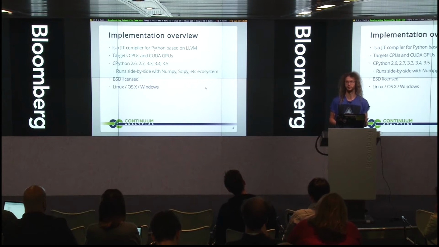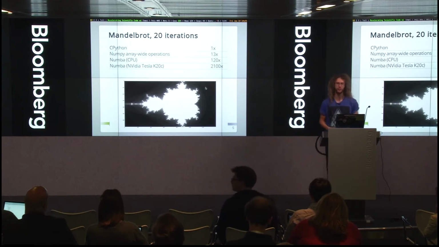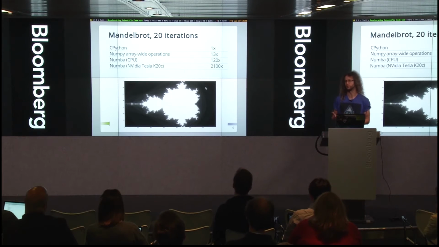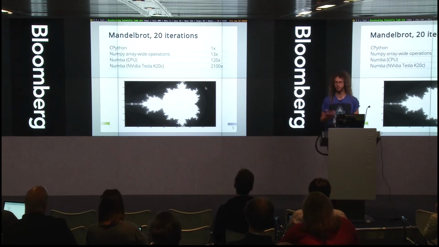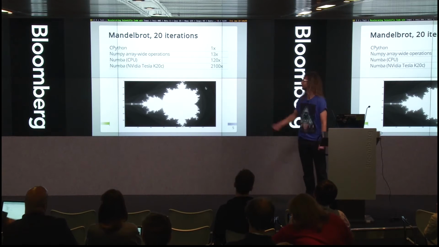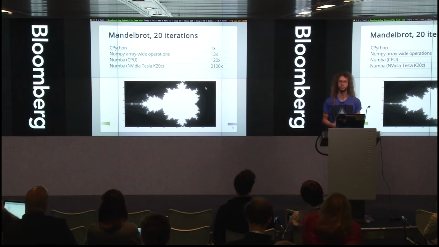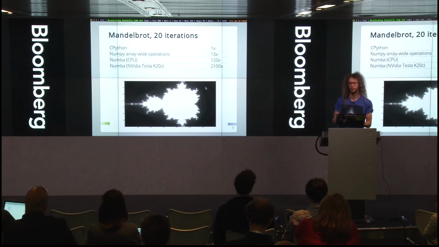It's BSD licensed and it's cross-platform, so it should be fairly easy to include within your own code bases. This is just a brief example of the kind of speed up that you can get using Numba. If we take a pure Python implementation running on CPython as a baseline implementation, we'll say that runs at a 1x speed. Then there's some things you can do to make it go faster.